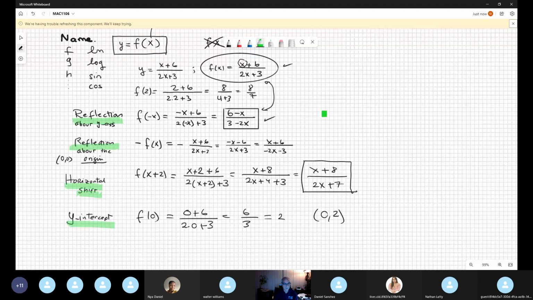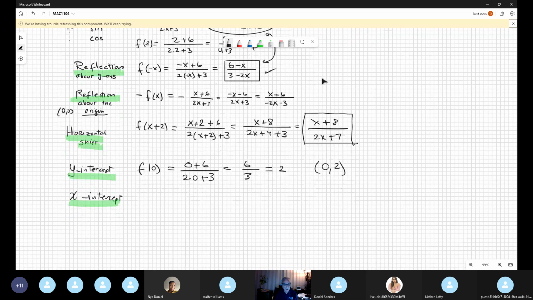Bam. And what about the x-intercept? It's similar. I promise I want to use this frequently throughout the course. Okay, what is the formula? I don't remember. One of the formulas, similar, is you put f of x equals 0 and you solve this equation.